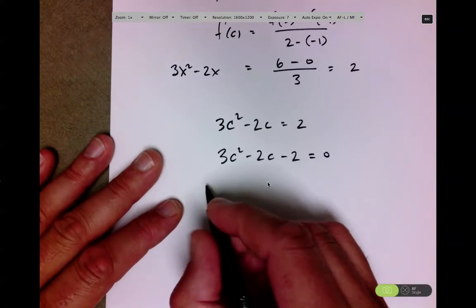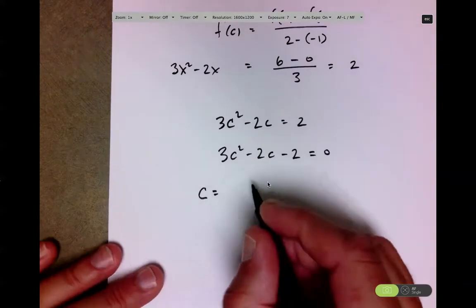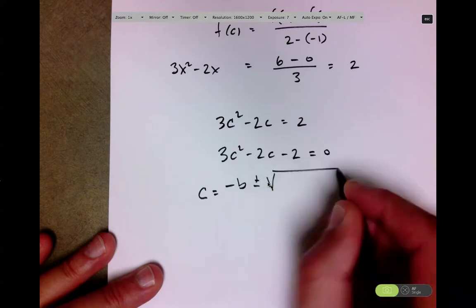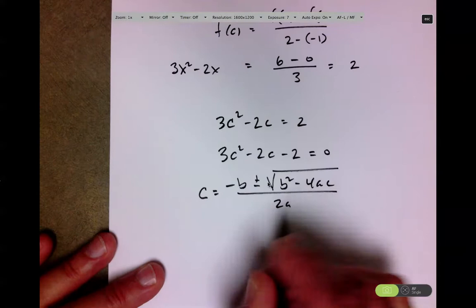Using the quadratic formula, I'm going to find that c, or maybe I should have called this x, is equal to negative b plus or minus the square root of b squared minus 4ac, over 2a.